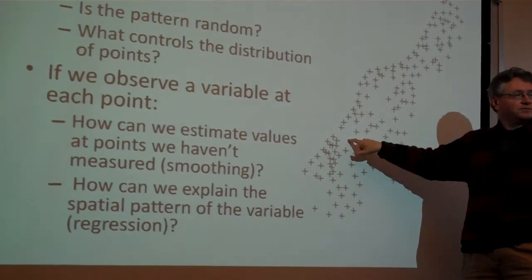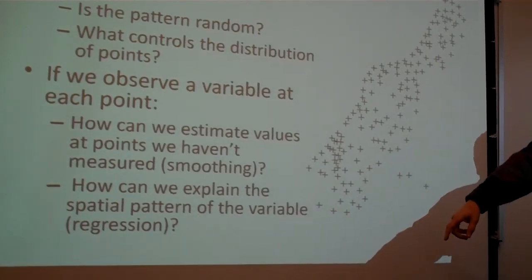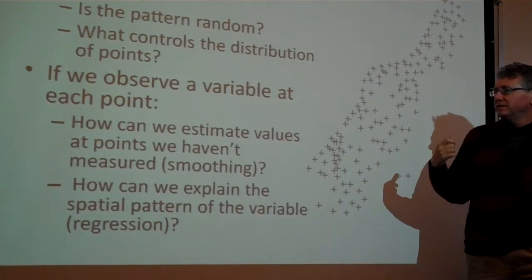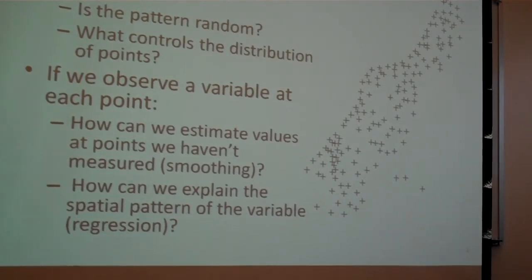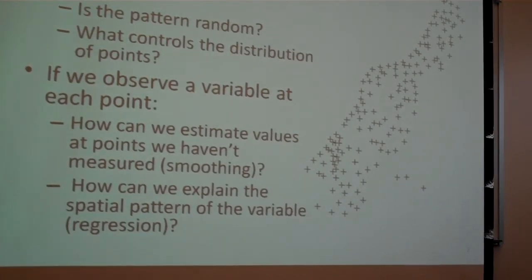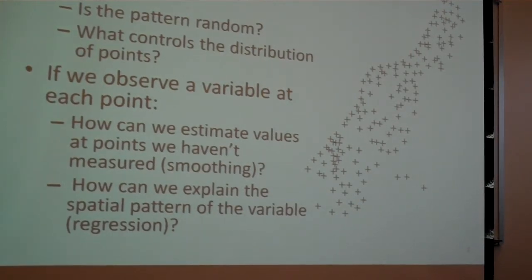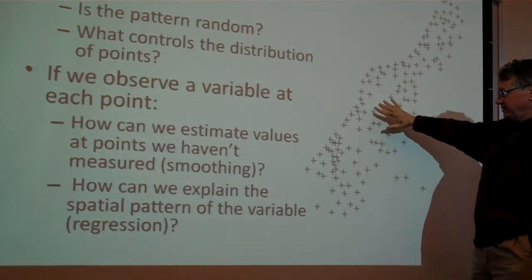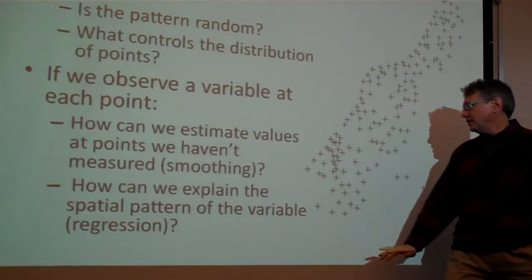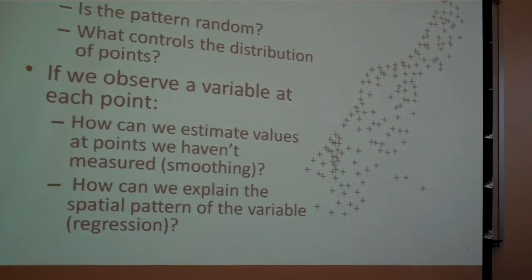How do we estimate what the soil chemistry might be at this intermediate place? Because for most of the things that we're interested in sampling across space, we can't sample absolutely every single location. This question of interpolation, or sometimes called smoothing, is a really important one, and it's a big part of spatial analysis.